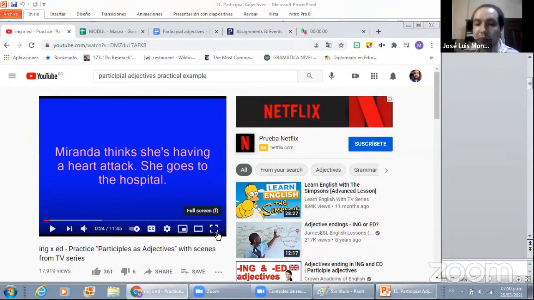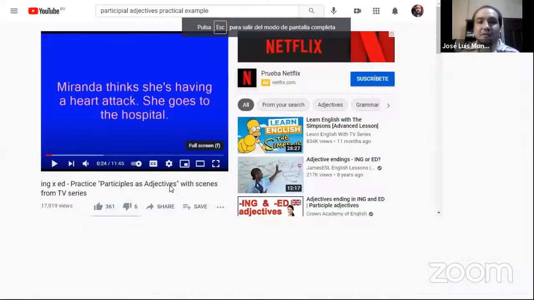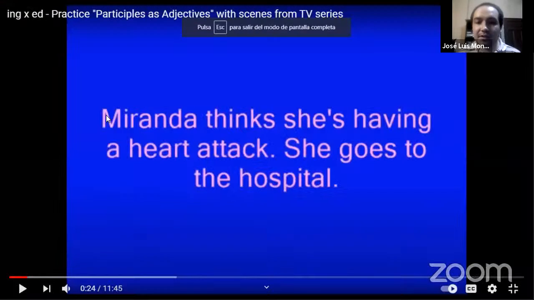Sometimes some people call it participle, but in Pearson we call it participial. So let's listen to this, please, Andrea. First, I'm going to ask you what you were able to understand. In this first part, they are going to use the verb in the ing form and in the ed, which is going to be an adjective. Let's listen to this.